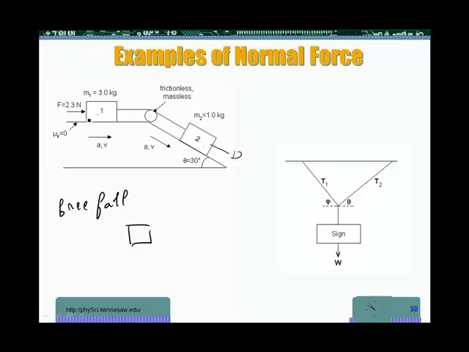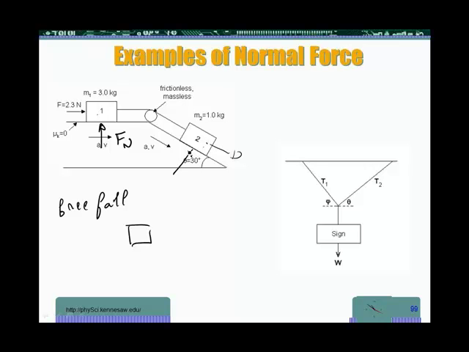On block 1, this bench is going to exert a normal force on that block. That normal force is going to point upwards. Now, this block here, the bench is going to exert a normal force on it.